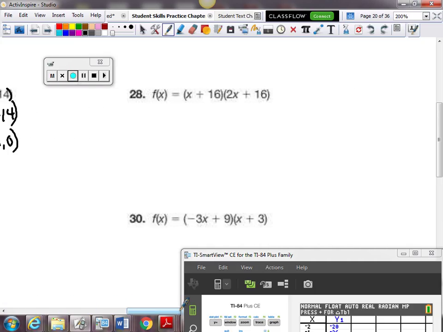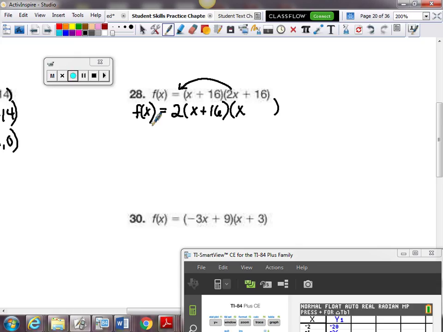So 28, okay, x plus 16 is fine. It's got an x by itself. But this says 2x plus 16. And I only want this to be an x. So I'm going to have to factor out that 2. Now, we're going to factor it out all the way to the beginning. It's all multiplying, so the order doesn't matter.